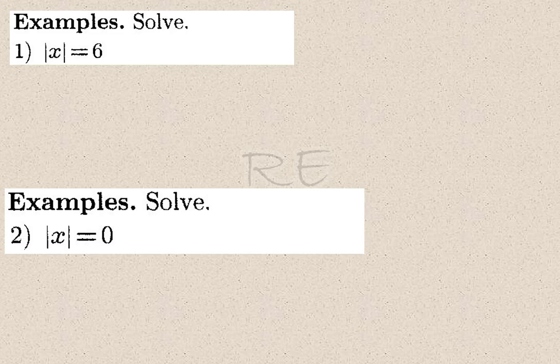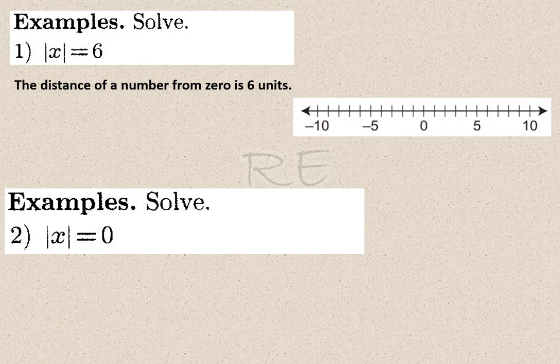Example 1: the absolute value of x is equal to 6. By definition, the absolute value represents the distance of a number from 0. So the distance of a number from 0 is 6 units. If we move right 6 units from 0, that number is 6.